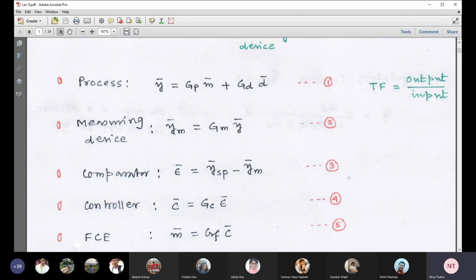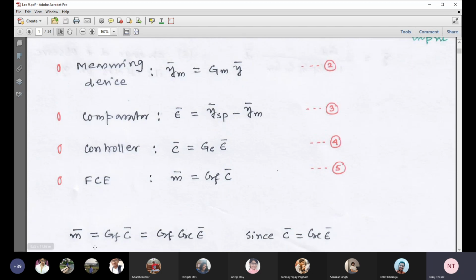Now you see how we will proceed. You see in equation 5, C is there. So we'll substitute equation 4 in place of C in equation 5. Follow me. We want to find the expression for M. So what is M? GF C bar.